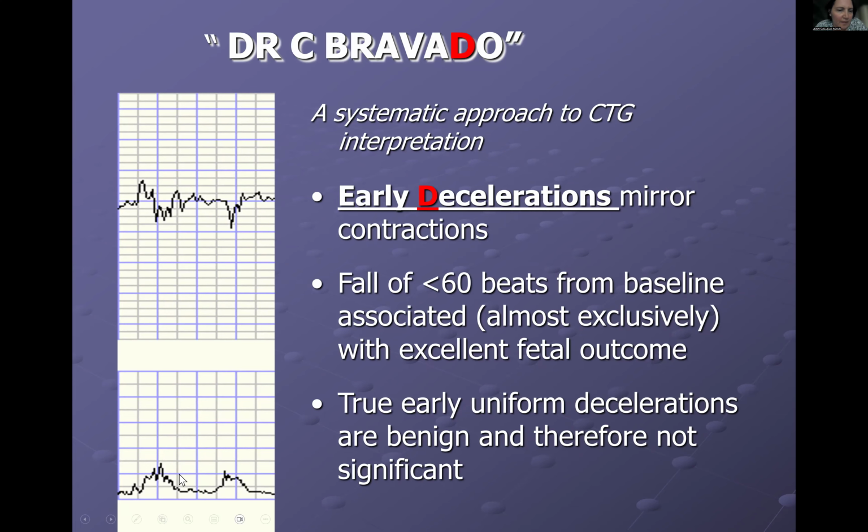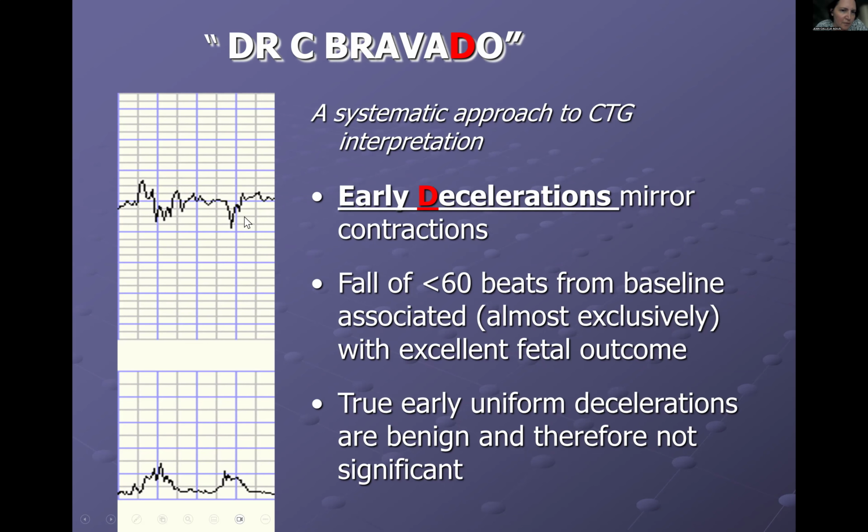And here you can see two contractions happening. We're not seeing the whole trace, but we're seeing two contractions over here. If we follow this line, at the same time that there is the contraction, there is a deceleration. And when the contraction ends, the deceleration ends and goes back to baseline with variability. And then when there is another contraction, again there is a deceleration which starts with that contraction and ends with that contraction.